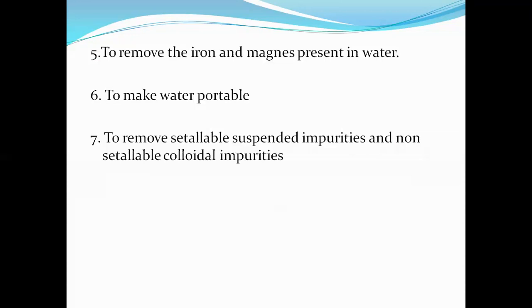Then we also have the objects of purification of water: to remove the iron and manganese present in water, to make water potable, and to remove settleable suspended impurities and non-settleable colloidal impurities. These are the objects of purification of water.